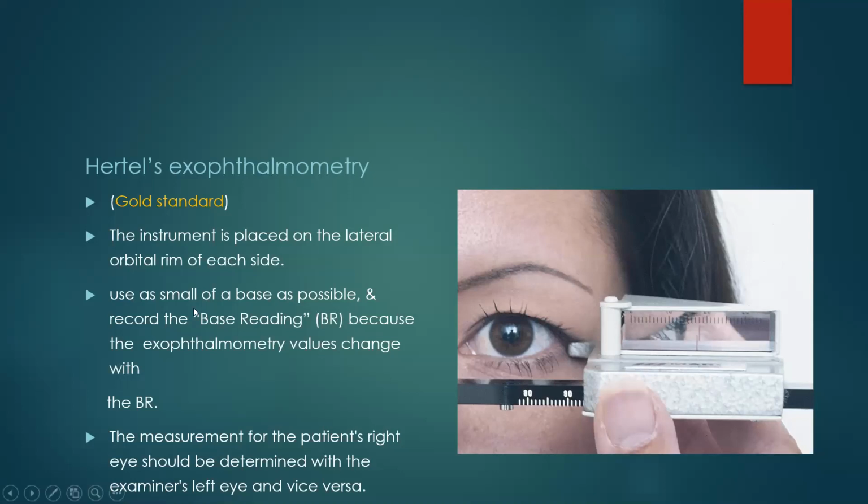We have to use as small a base as possible, and we have to record the base reading, because the exophthalmometer values change with the base reading. So for one patient, we have to keep the same base reading for every visit, so the proptosis measurement will be accurate.